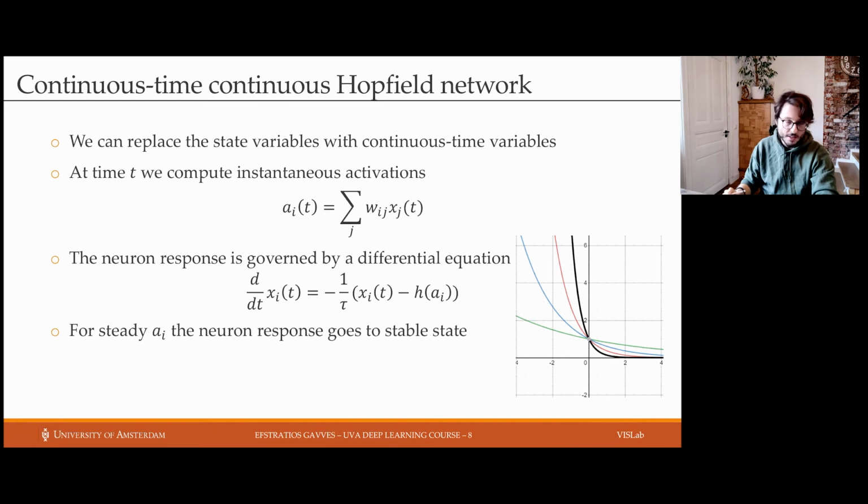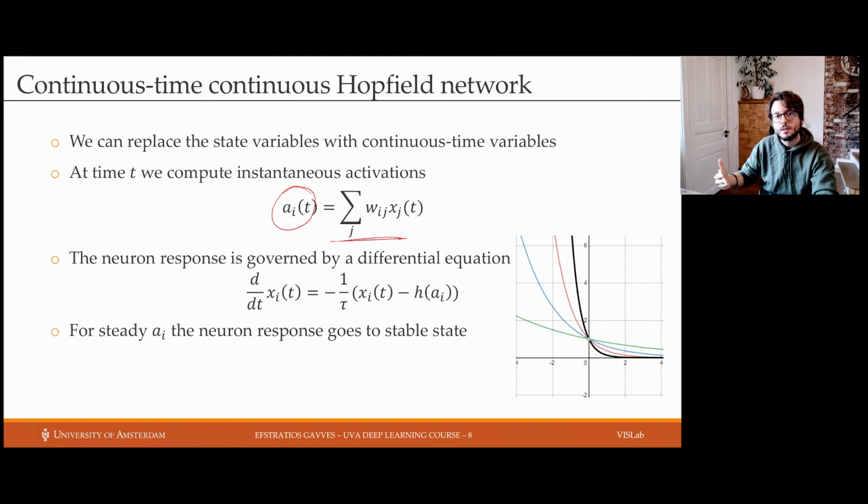We can also define continuous time Hopfield networks, which basically means that instead of having discrete time steps, now our activations and our responses are continuous functions of time. So our response is the sum of the other neuron values at that time point, and these are computed instantaneously. So there is no discrete time step.